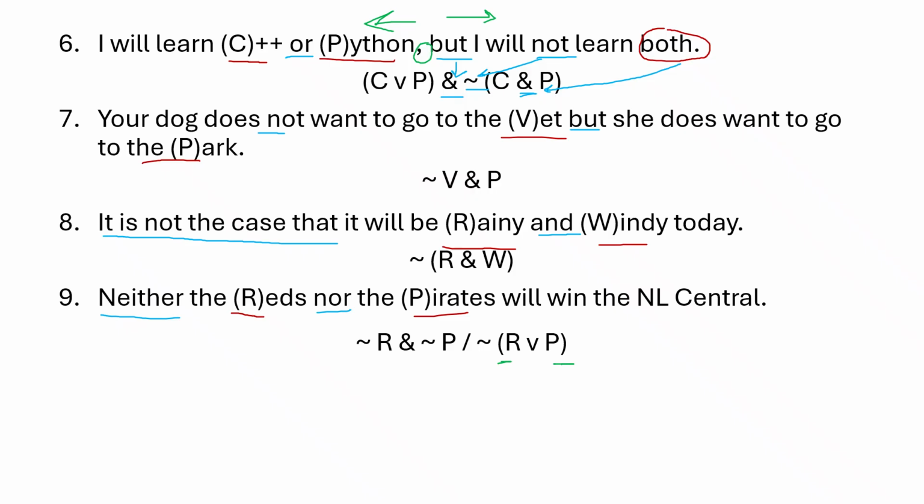So again, that's a little bit above what we're going to do in this class, but I think it's important to see that there are different ways to formulate a sentence on occasion, and neither nor is a pretty good example, and that these symbolizations of the sentence are logically equivalent.